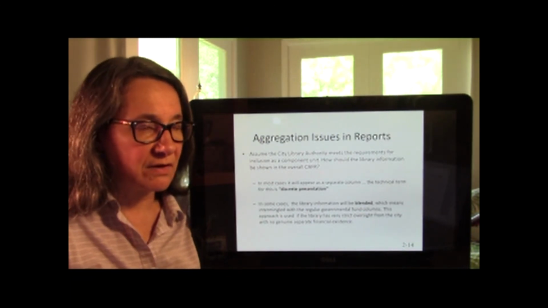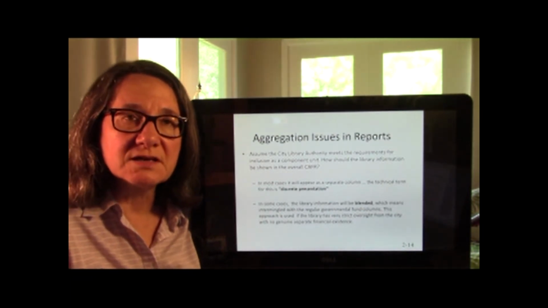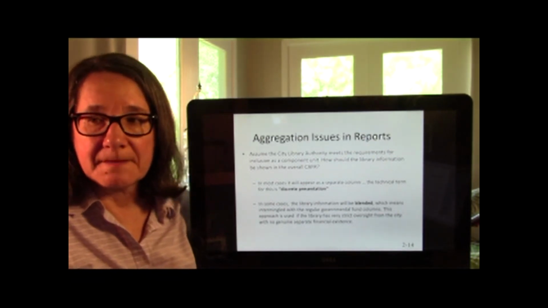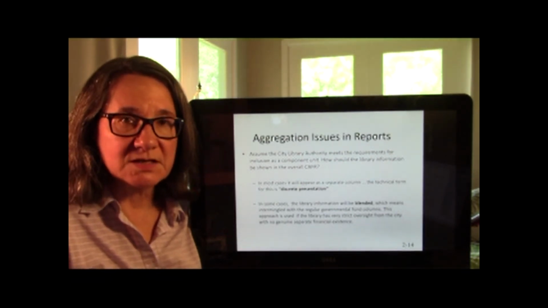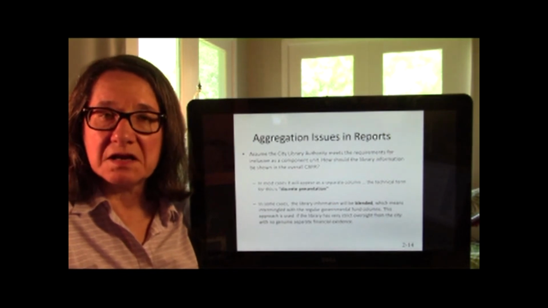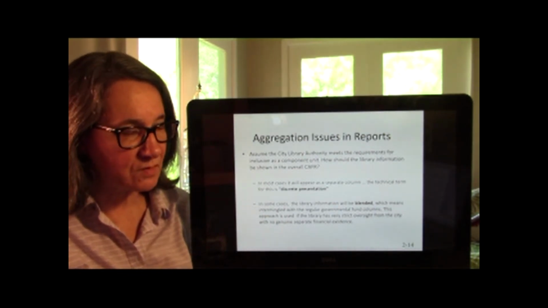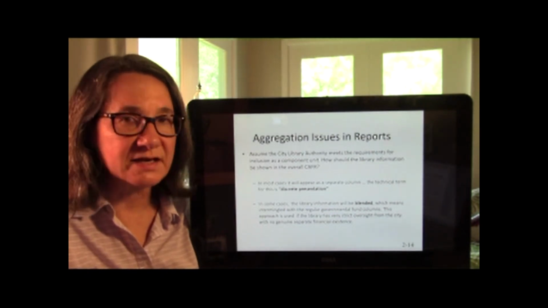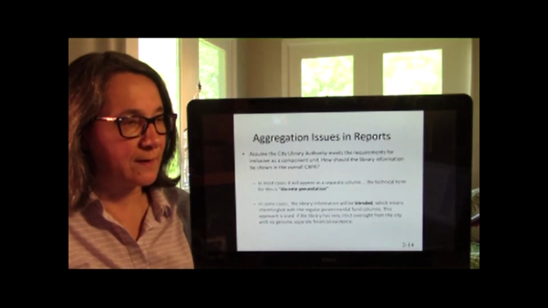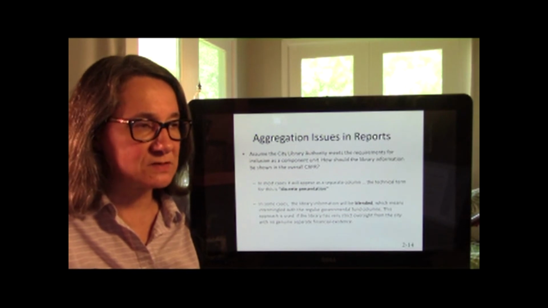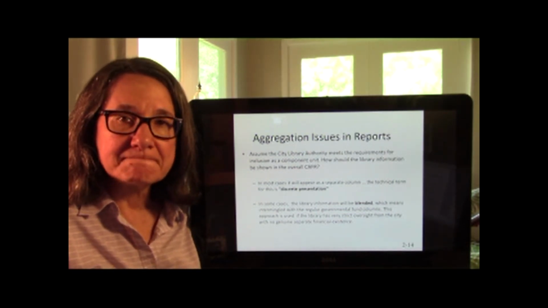So, okay, now we understand that some things are components, right? Texas A&M Kingsville is a component of the Texas A&M system. The Texas A&M system is a component of the state of Texas. Great. So how does that get shown in a CAFR? Well, most of the time it's going to be what's called discrete presentation.